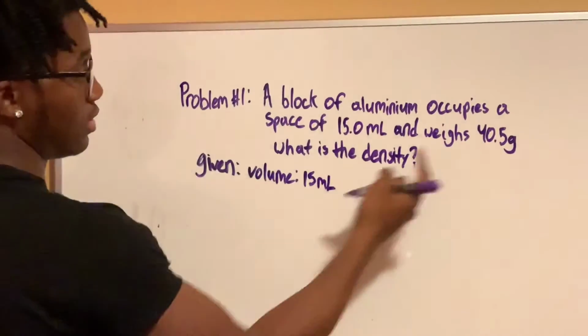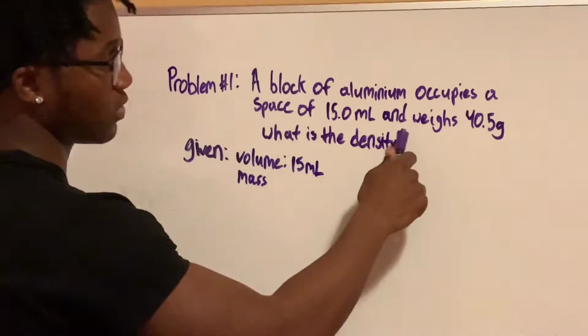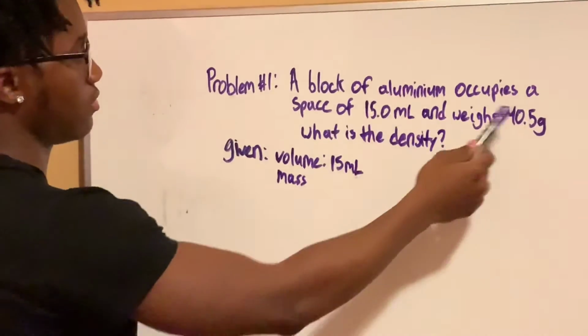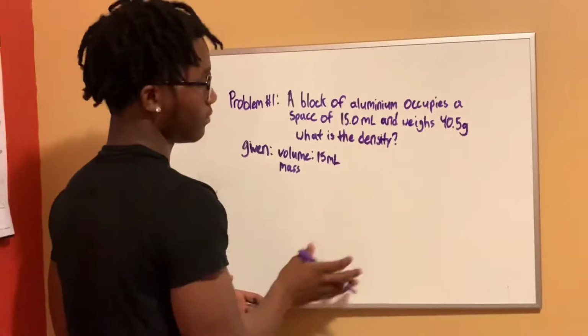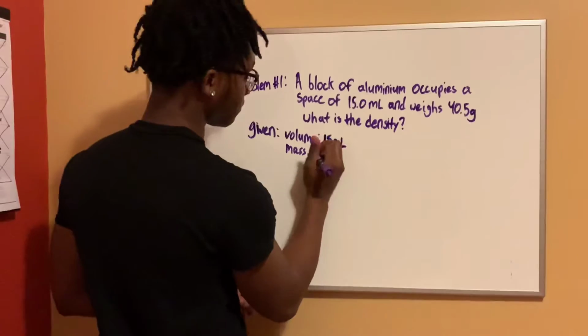And it also gives us our mass, because it uses the word weigh, and for volume, it uses the word space, so that's how you know. Plus the units, as I described earlier, volume units are milliliters and mass units are grams.